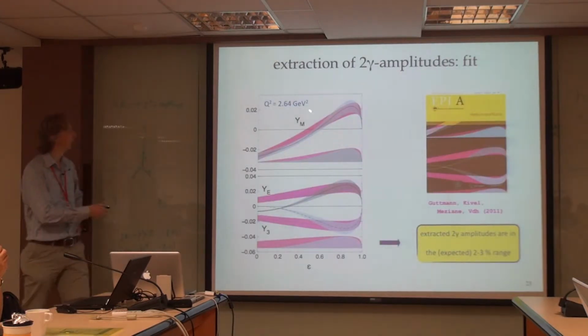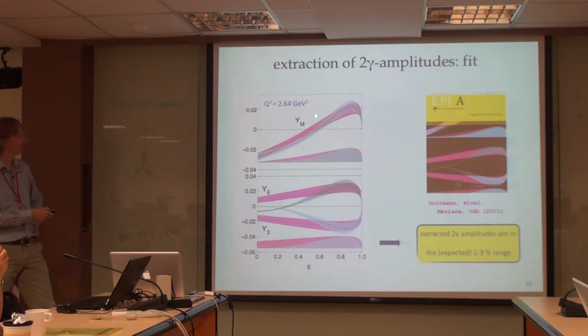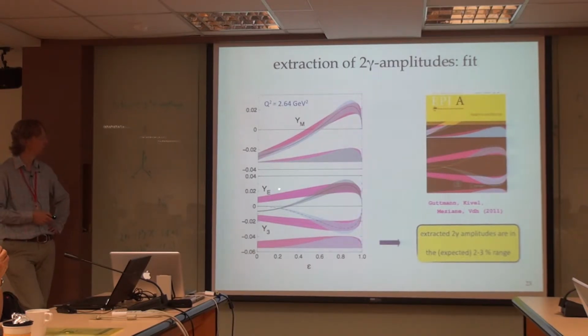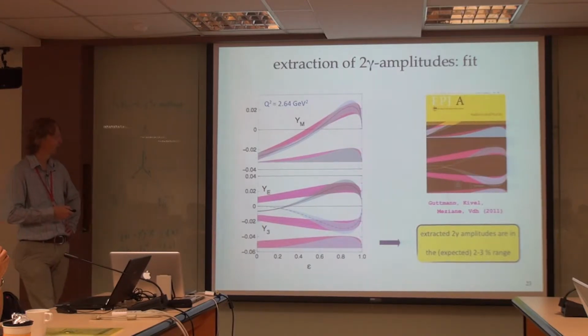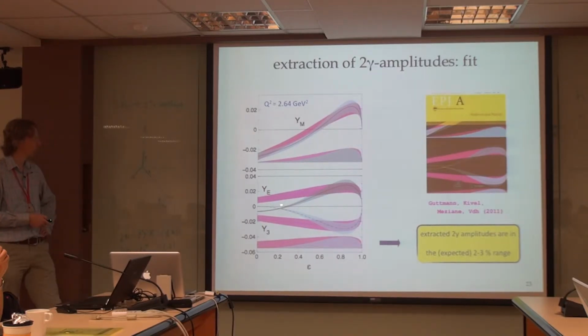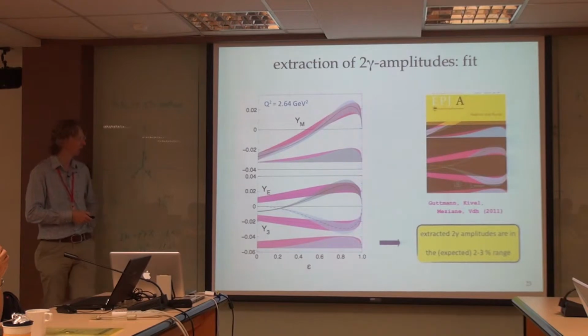And at this value of Q squared, one can extract these 3 amplitudes, which are these two photon amplitudes. And there are 2 bands here, because one needs, of course, data over the whole range of epsilon, and there's a range at lower epsilon where there are not enough data, so one has done a theoretical parameterization here.